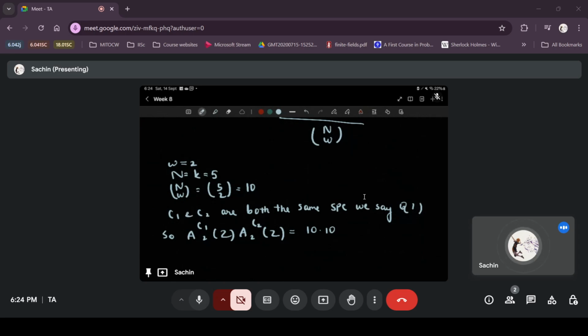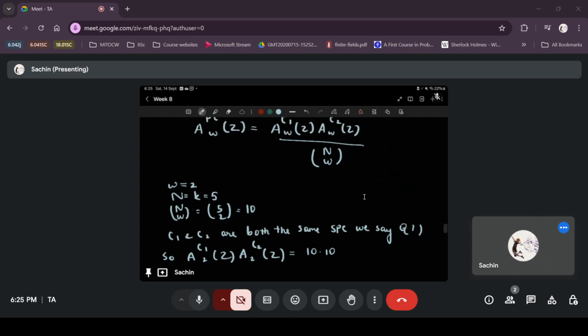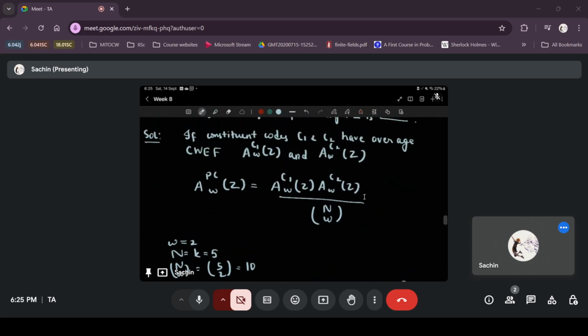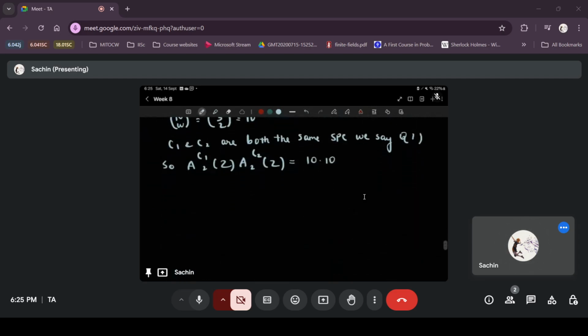Since we are using the same SPC for both C1 and C2, both of them have the same average CWF for weight 2. Now substituting these things into the formula, which will give you A2 of the parallel concatenation, Z is 10 times 10 divided by 10, which is 10.